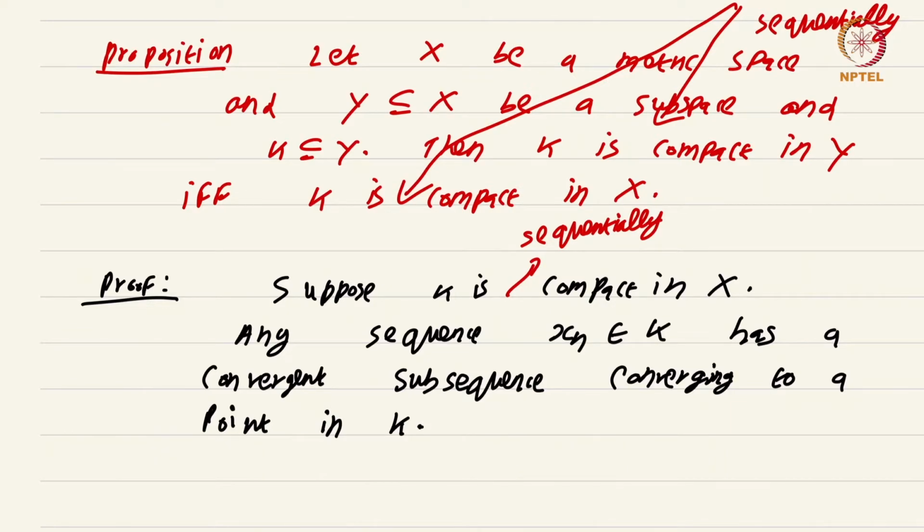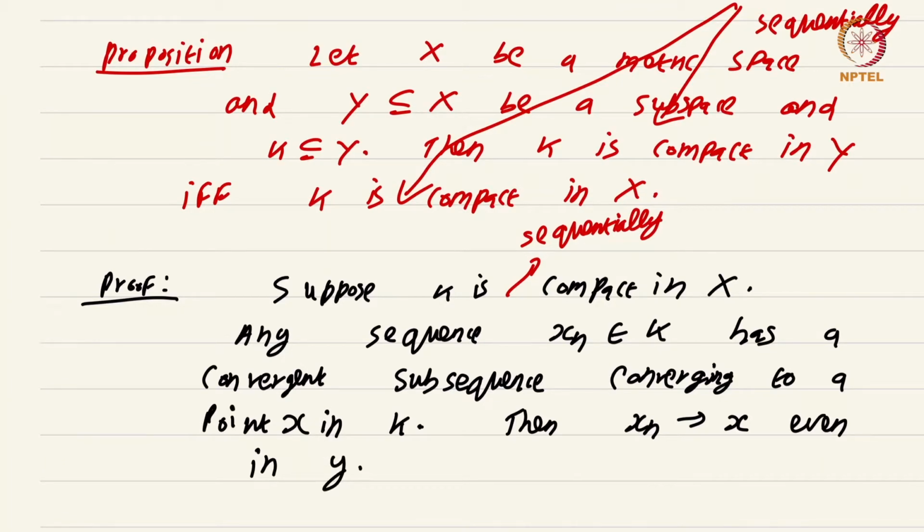Okay, now observe that the metric on Y and the metric on X are exactly the same. You just restrict the metric on X to get the metric on Y. So call this point x in K, then x_n converges to x even in Y because the metrics are exactly the same.